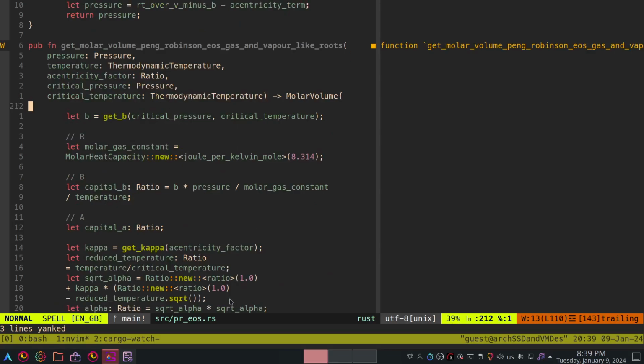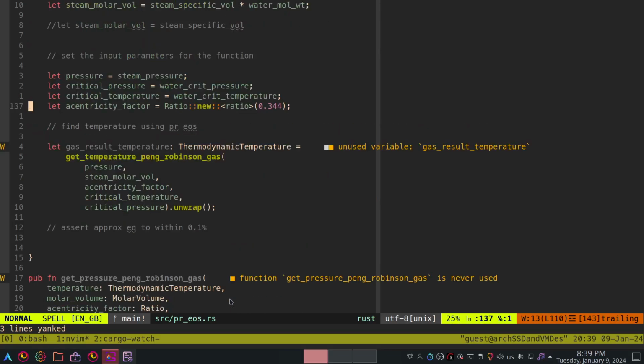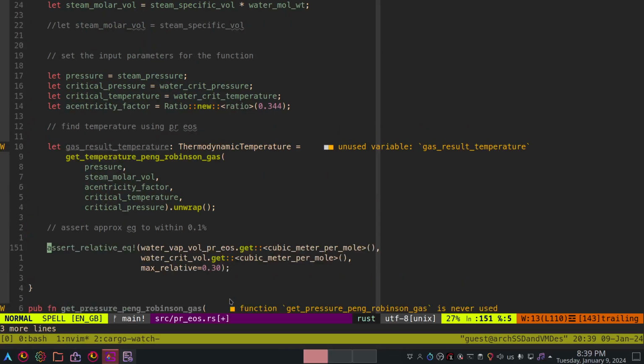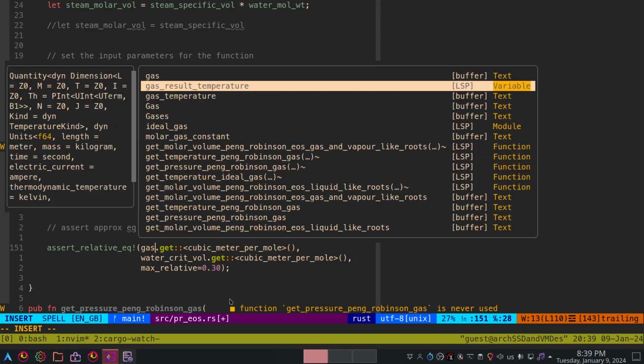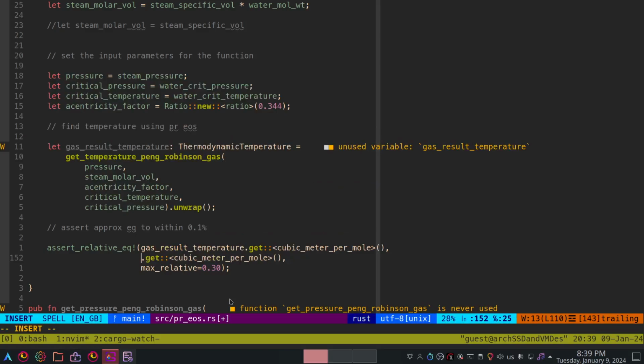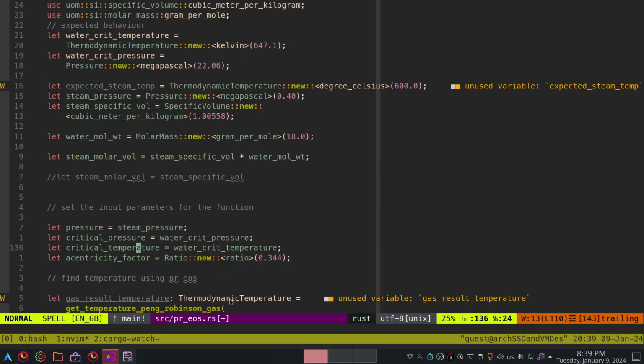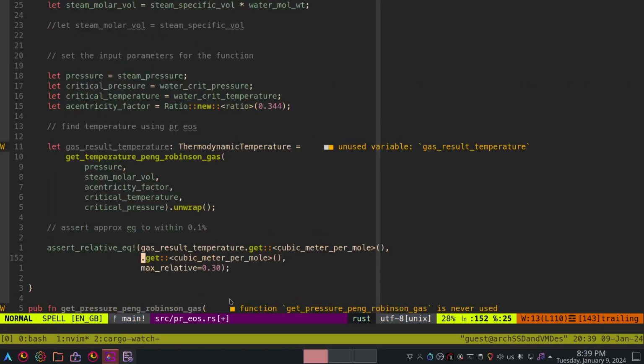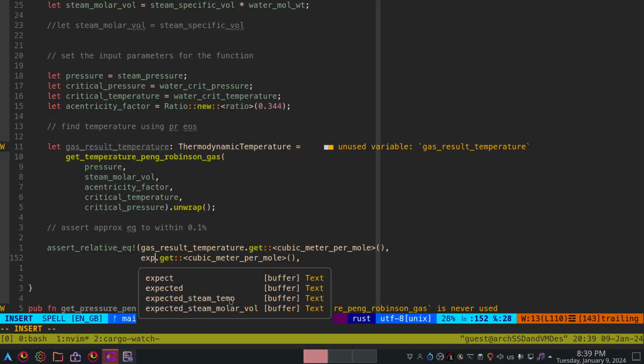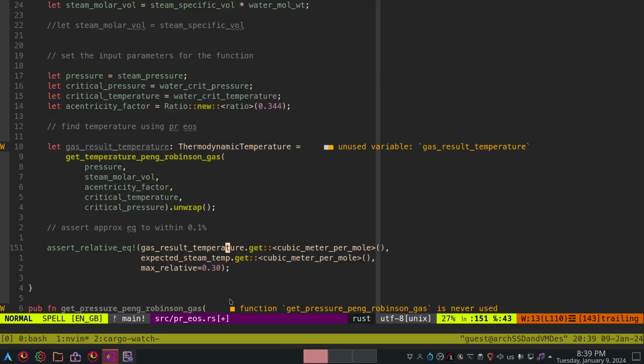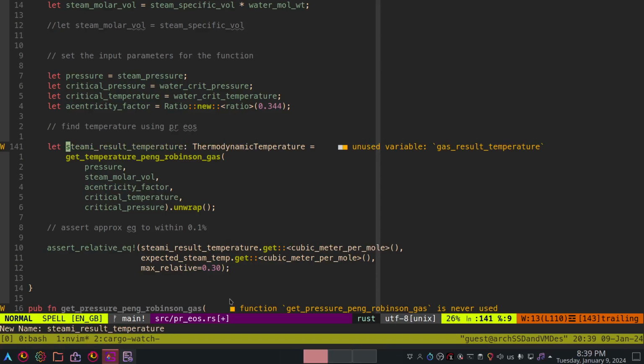So I'm going to assert approximately equal the two temperatures, and I'm going to do that in Kelvin because we are returning these two temperatures in Kelvin. So gas result temperature and, let's see, expected steam temperature. I'd rather call this steam result temperature. And my keyboard's funny.